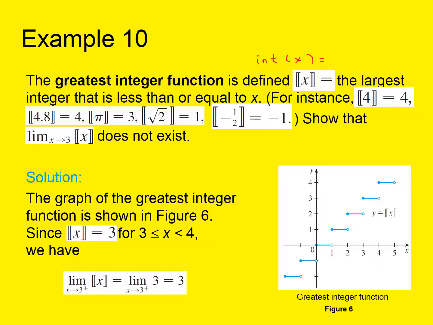Since the greatest integer less than or equal to x equals 3 for x between 3 and 4, and x is approaching 3 from the right, the limit as x approaches 3 from the right of the greatest integer less than or equal to x is 3.